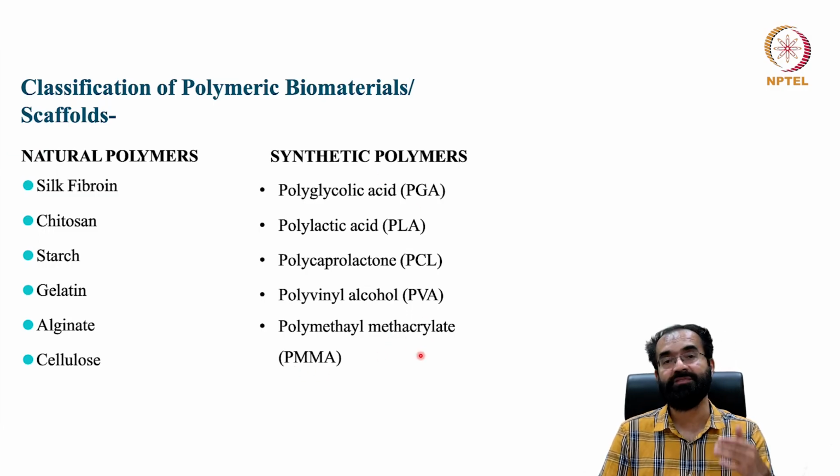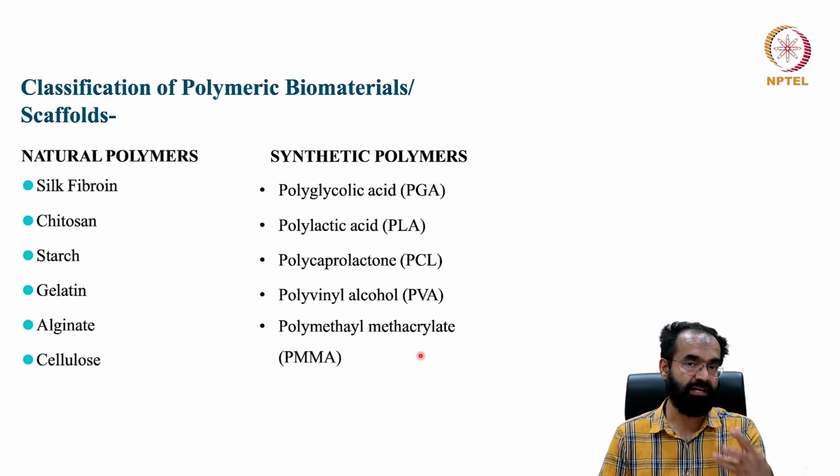Some of these examples we discussed in the very beginning of the scaffold. I told you that we will see more in detail about them. So you may go back and revisit different morphology photos we had shown.